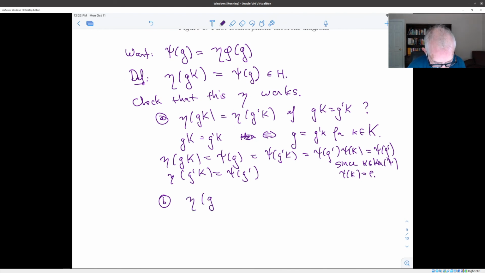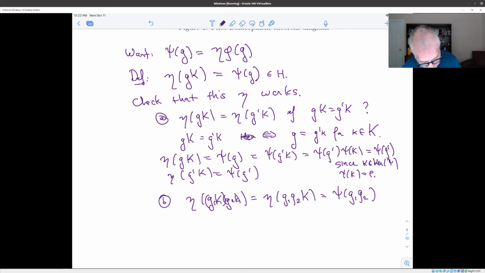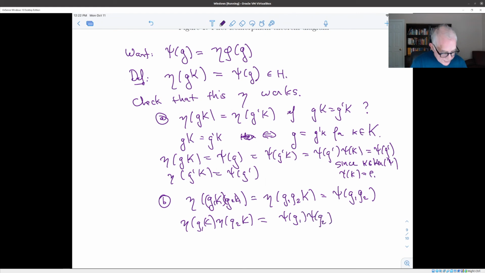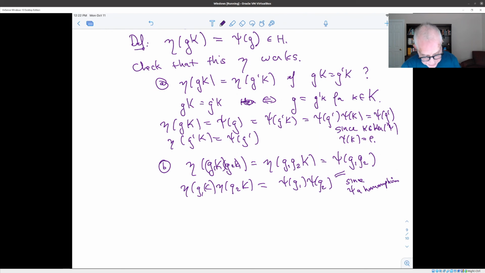Well, eta of g1k g2k is, on the one hand, eta of g1g2k, which is by definition psi of g1g2, but eta of g1k times eta of g2k is psi of g1 psi of g2, but psi is a homomorphism, so these are equal. And then we need to check that it's bijective.